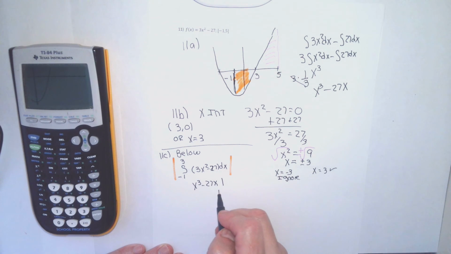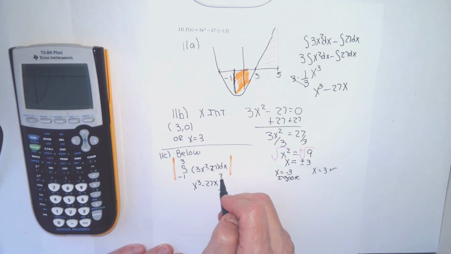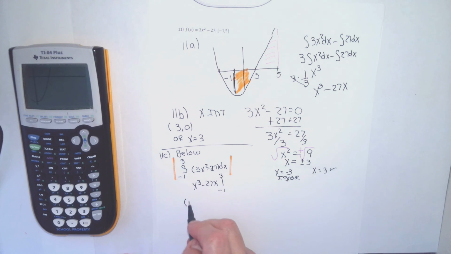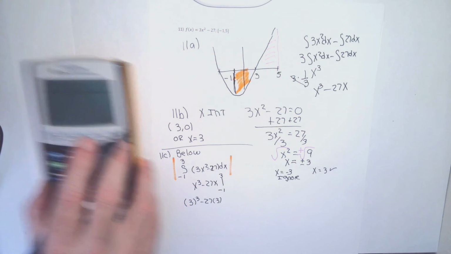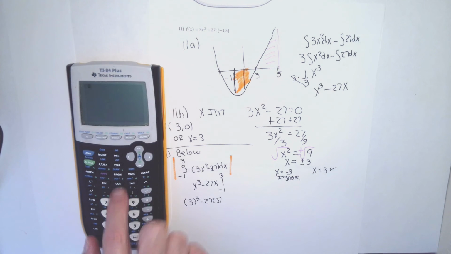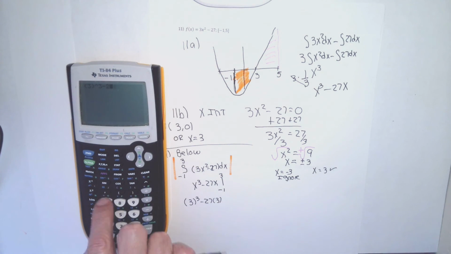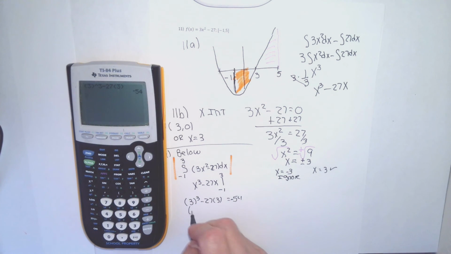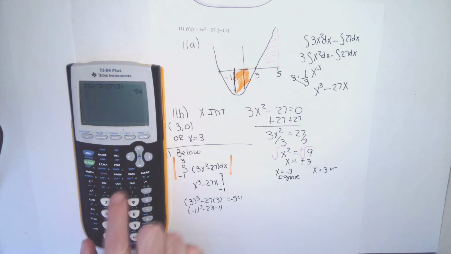Now I'm going to plug the numbers -1 and +3 in. Should come out to a negative number. So first I'm going to plug +3 in and do 3 cubed minus 27 times 3, and I get -54. And then I'm going to do -1 cubed minus 27 times -1.